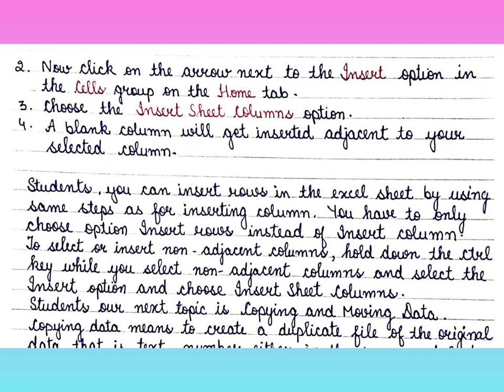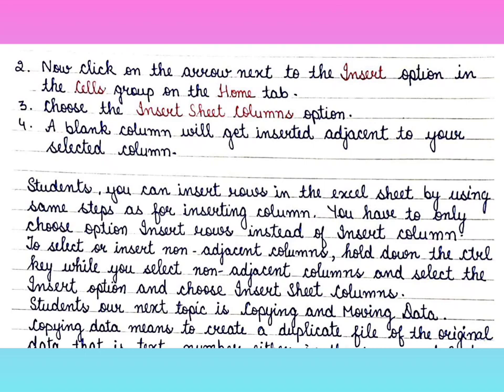To select or insert non-adjacent columns, hold down the Control key while you select non-adjacent columns, and select the insert option and choose insert sheet columns.